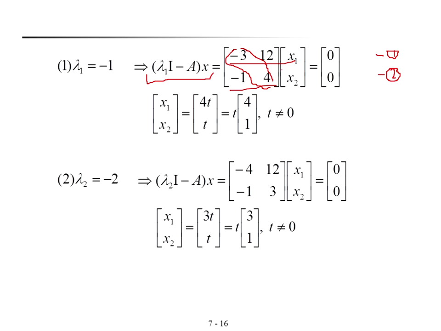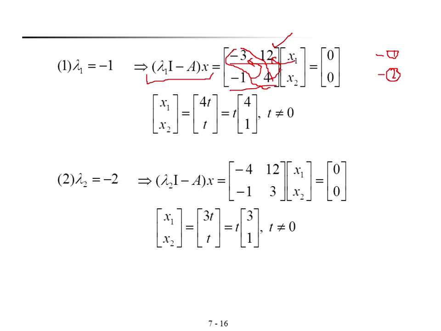When you see these two equations, what is the rank of this matrix? The rank of this matrix is 1. Why? Because when you multiply row 1 by a constant and compare with row 2, row 2 becomes 0, because row 1 is a multiple of row 2: 1 times 3 is 3, and 4 times 3 is 12.